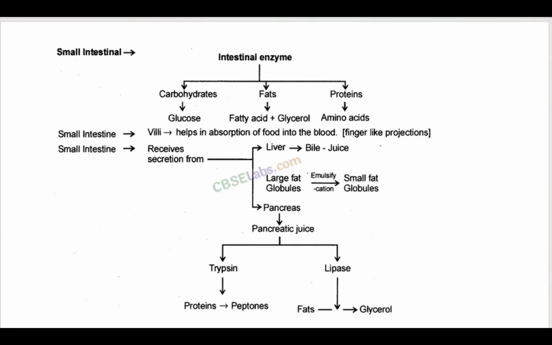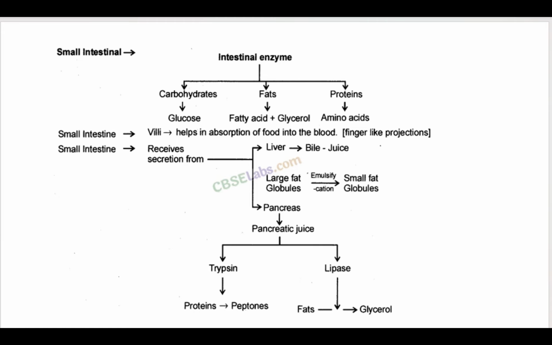Now, just to sum up what happens in the small intestine, which is a very important part. Intestinal enzymes will convert carbohydrates into glucose, fats to fatty acids and glycerol, and proteins to amino acids, right? So I told you the jejunum has finger-like projections.